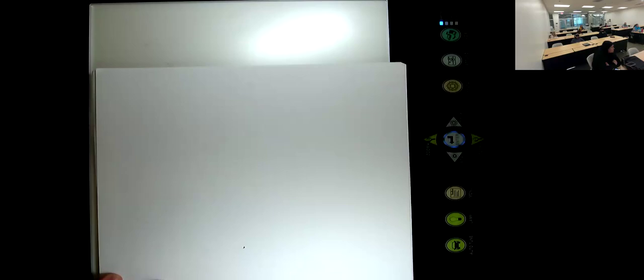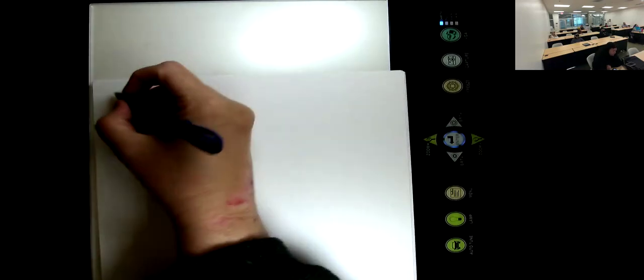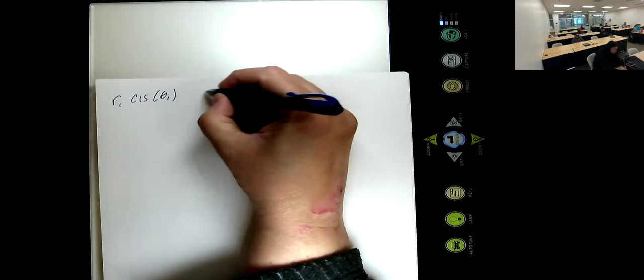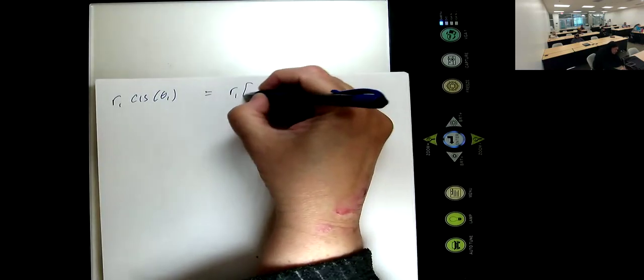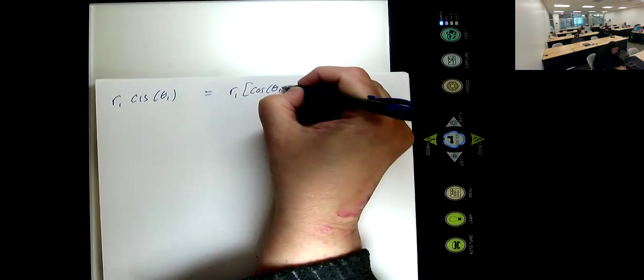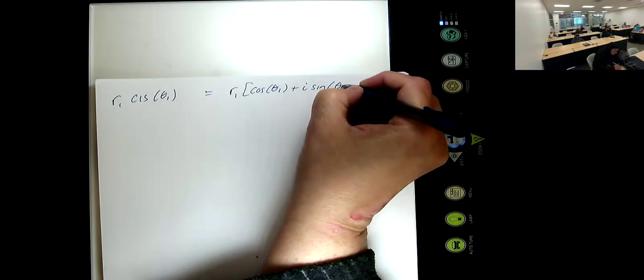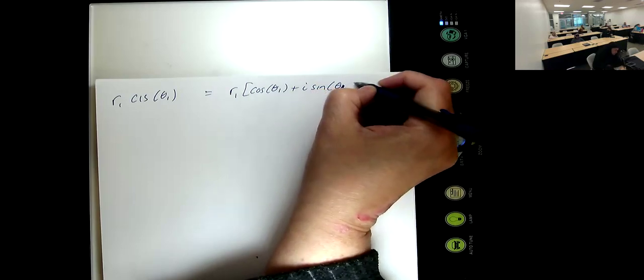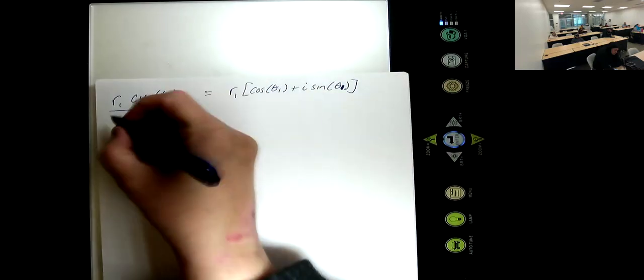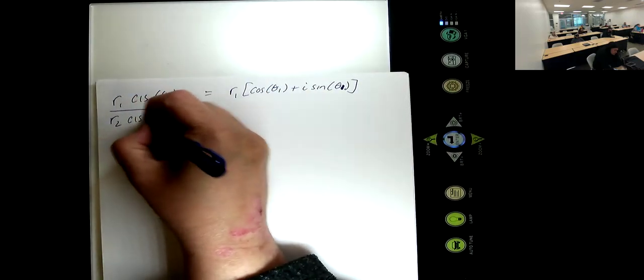Let's look at division. R1 cis theta 1, or R1 cosine theta 1 plus I sine theta 1, divided by R2 cis theta 2.